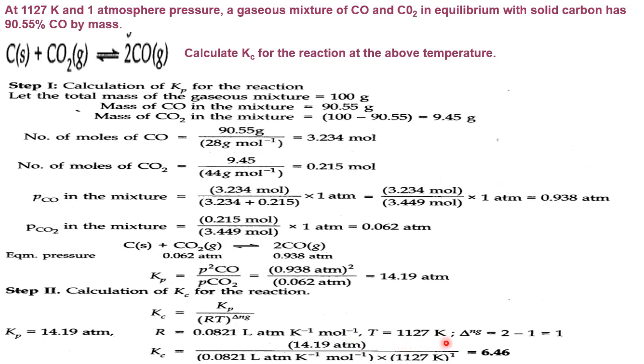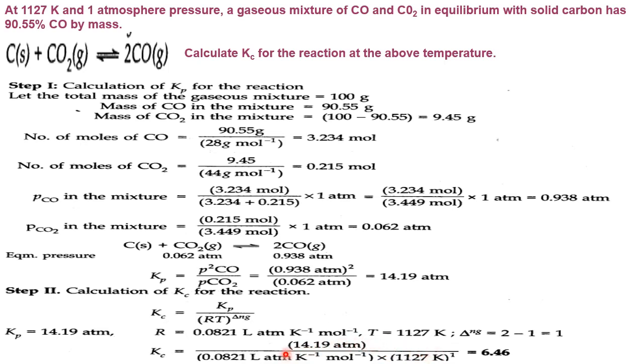Temperature is 1127 Kelvin. Delta n g is the difference in the gaseous moles: the RHS 2, LHS 1, 2 minus 1, that is 1. So please substitute all these values. So Kc equal to 14.19 atmosphere by 0.0821 liter atmosphere per Kelvin per mole into 1127 Kelvin.